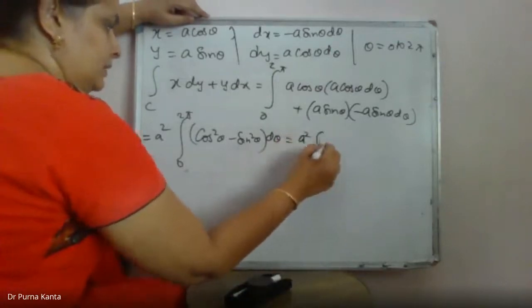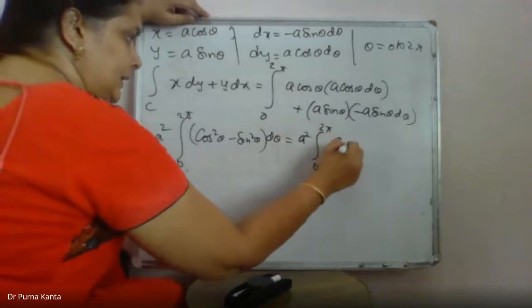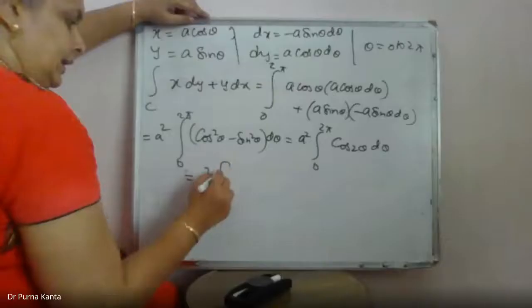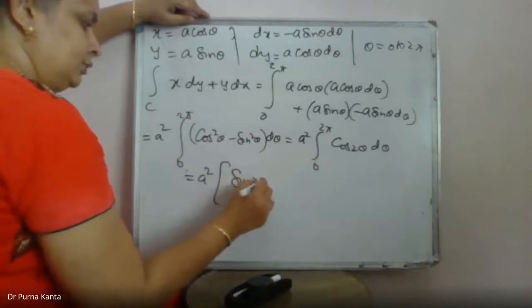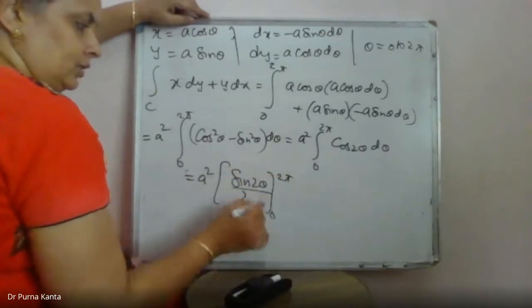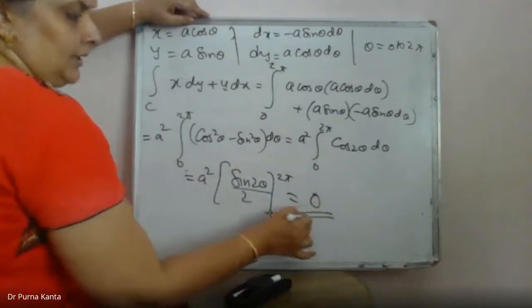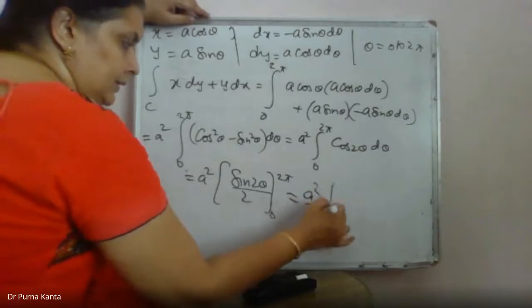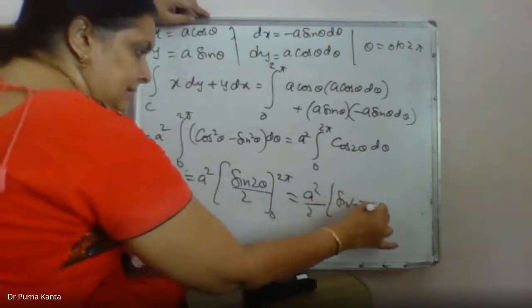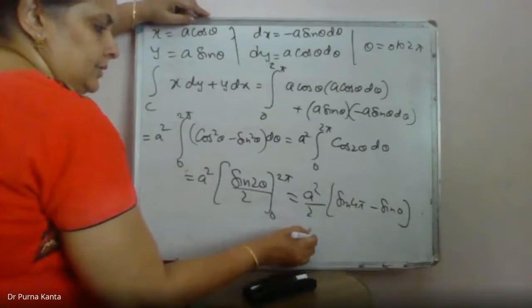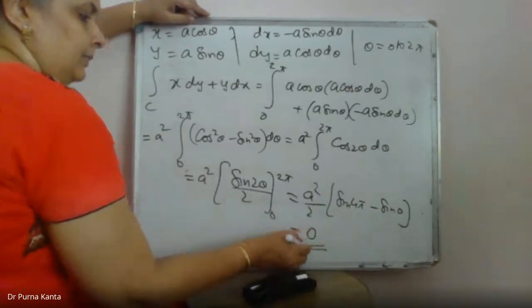We know that cos square theta minus sin square theta is cos 2 theta. The integral of cos 2 theta is sin 2 theta by 2 between the limits 0 to 2 pi. Whether it is 0 or 2 pi, the sin function is 0. Write down one more step: sin 4 pi minus sin 0, which is equal to 0. So the integral value is 0.